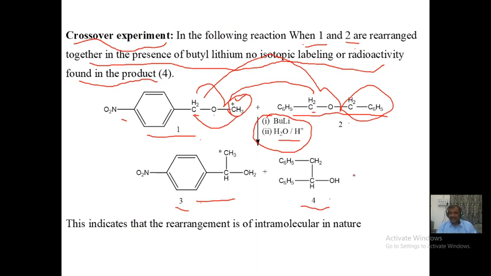In 2, all the migrating groups remain with substrate 2, giving you 4. No radioactive groups come into 4. This indicates that the rearrangement is intramolecular in nature, right? So this is how we understand that the Wittig rearrangement is purely of intramolecular type, friends.